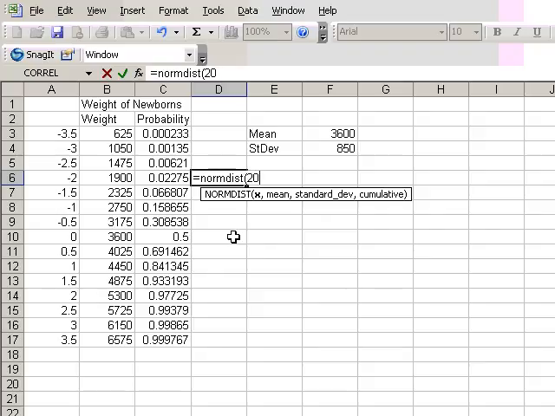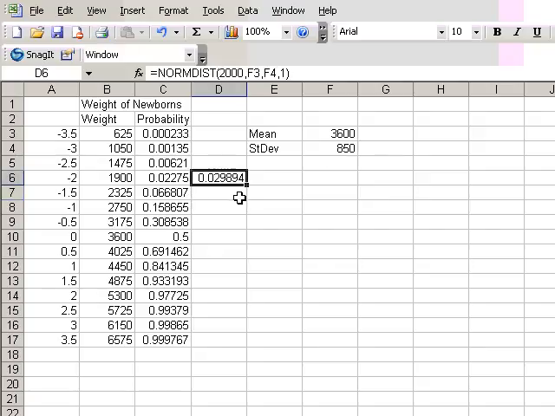I'll just type in 2,000 for the x value, the mean, comma, standard deviation, comma, 1. So the probability that a birth will be less than 2,000 grams is less than 3%, if we assume a mean of 3,600 grams, standard deviation of 850, and that births are normally distributed.